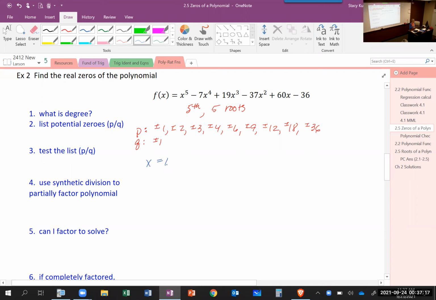Let's do synthetic division then using that root. So I have 1, -7, 19, -37, +60, and -36. So we're going to keep doing our synthetic division on this. Let's get down to the end.